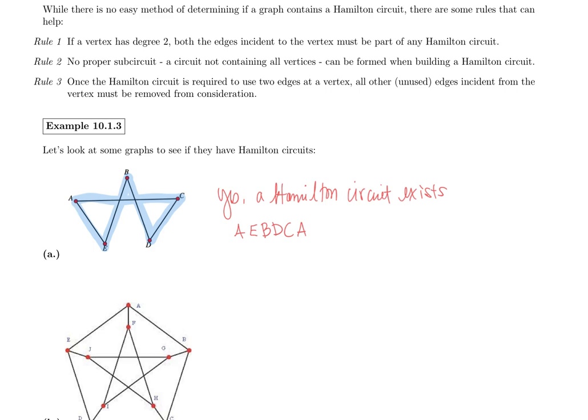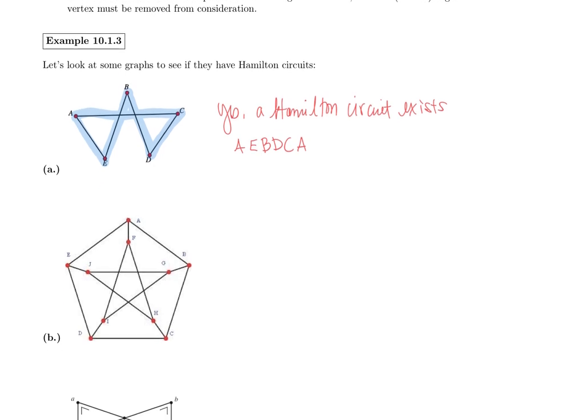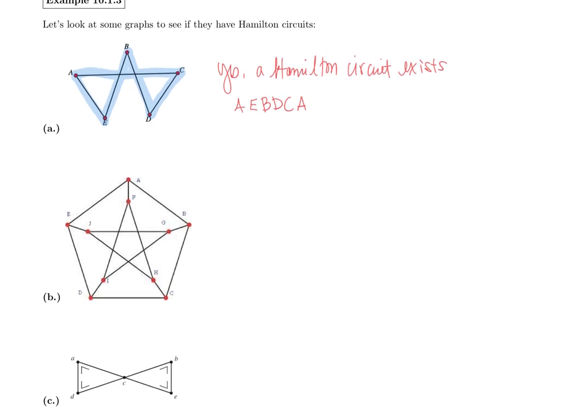But what happens when we look at graph B here? It's going to get interesting because we don't have any vertex that has a degree 2 outside of the star, right? And even inside of the star, all of these have a degree of 3.